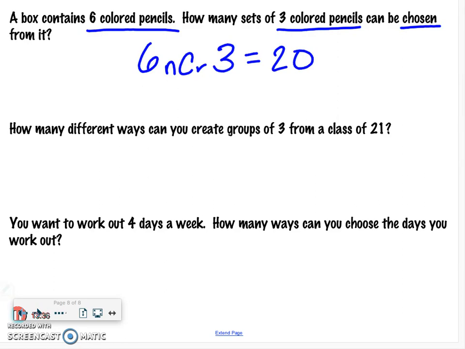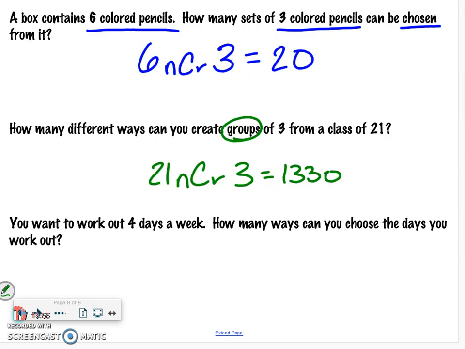Next one, how many different ways can you create groups of 3 from a class of 20? Keyword being groups. So if we're talking groups, order doesn't matter, combination. And we have big group of 21, small group of 3. You plug that into your calculator, grand total of 1330. And lastly, you want to work out 4 days a week.